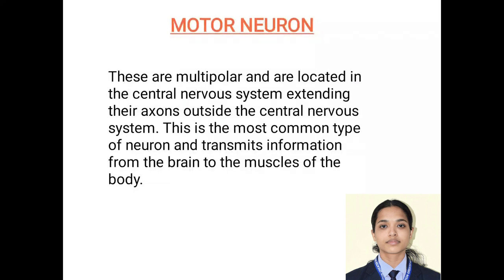When activated by signals from the CNS, motor neurons transmit electrical impulses along their axons to stimulate muscle contraction or glandular secretion. This process allows the body to execute various movements ranging from simple reflexes to complex coordinated actions.